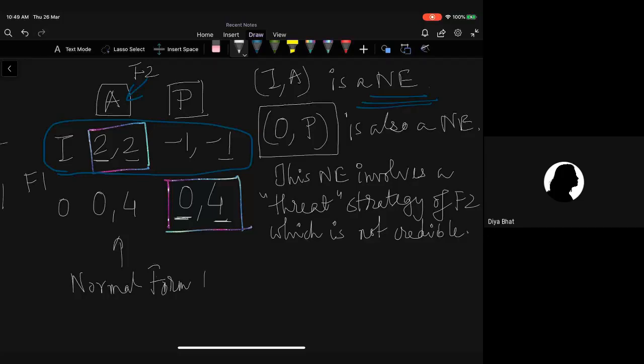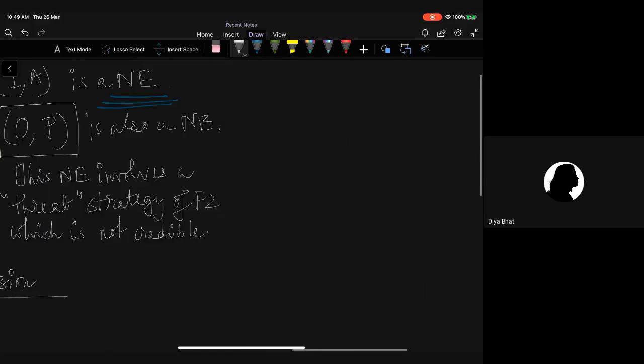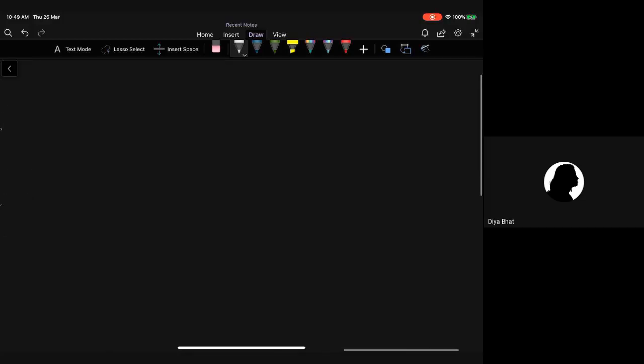We'll move away from the matrix format, and that's the new thing that will help us pick the right equilibrium. So this new format of expressing a game is called extensive form expression.